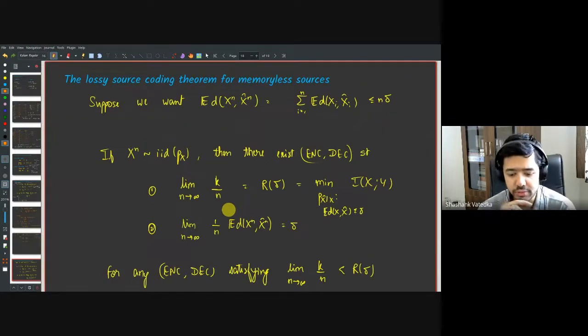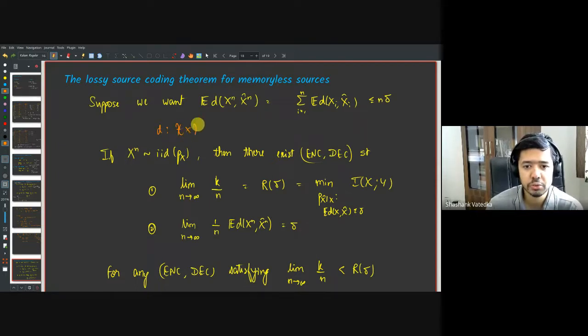So a very similar statement also holds if you want to do lossy compression. And how does that differ? Suppose that we want to design a compressor for which the average distortion between the input and the output is less than or equal to some quantity. So basically, I'll define a function d.